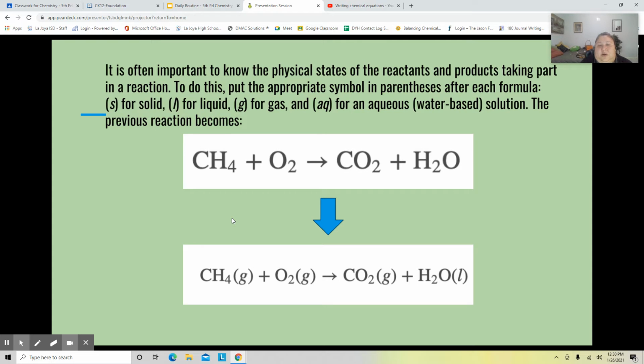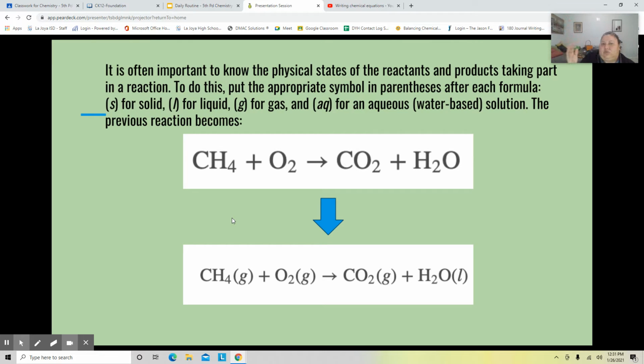It is often important to know the physical state of the reactants and the products taking part in a reaction. So why do you want to know if you're dealing with a solid? Why do you want to know if you're dealing with a liquid? Or why do you want to know if something's dissolved in an aqueous solution or water? Well, you need to make sure that your setup is right.